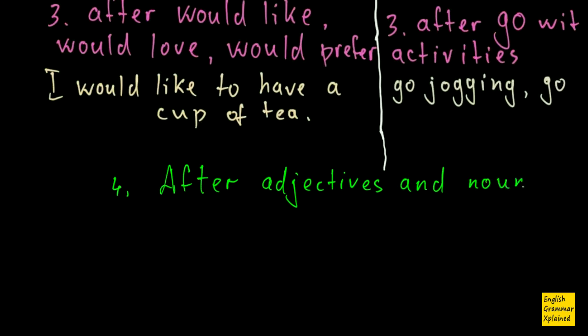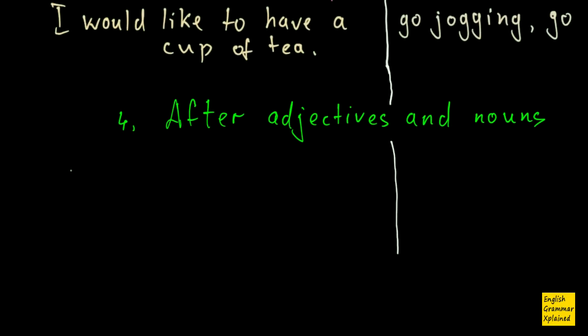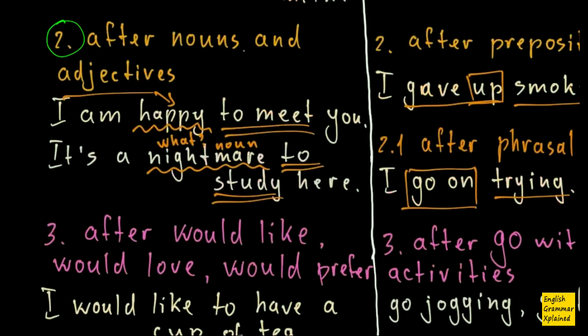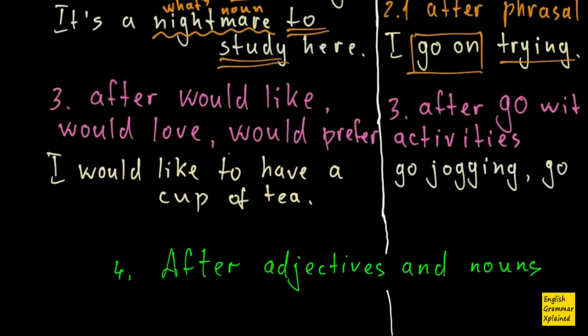But there are some peculiarities. In case of infinitive, if I put any adjective or any noun in the sentence, just anything, I can put infinitive after it, just like in case 2. After nouns and adjectives: I'm happy to meet you. It's a nightmare to study here, and so on.